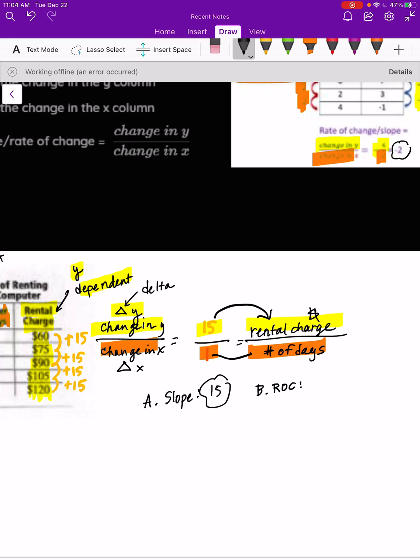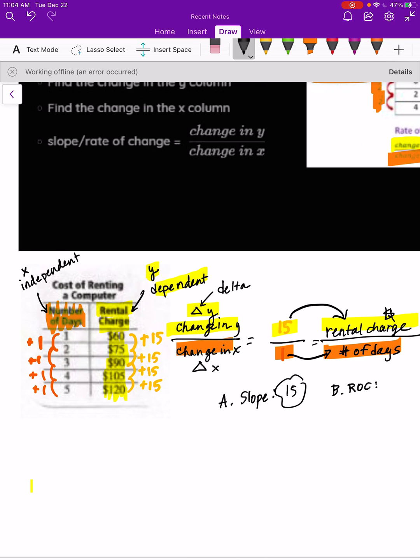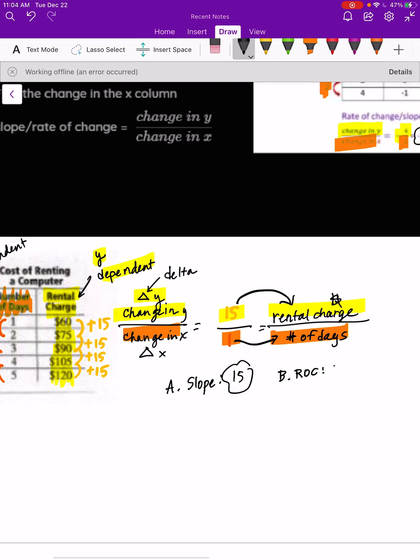And then 1 was days. So it pretty much cost $15 per day to rent. And what are we renting? Oh, we're renting a computer. So they charge $15 each day to rent a computer.